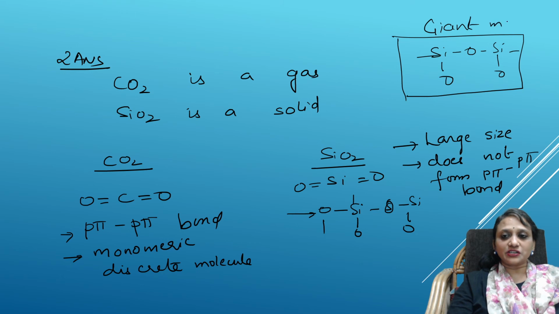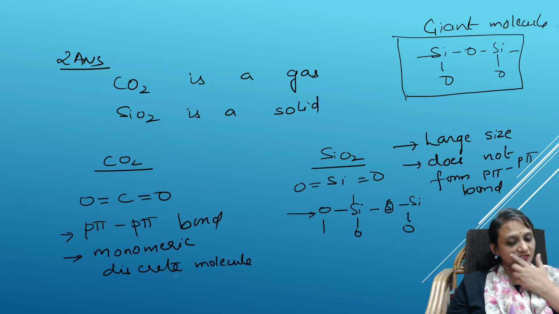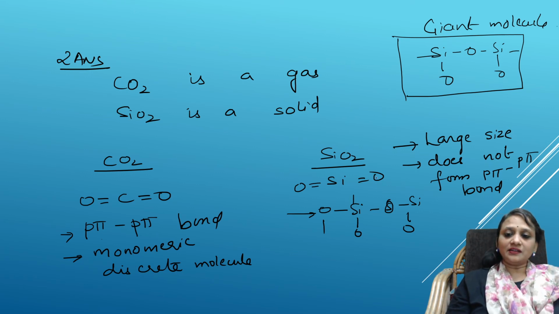Now slowly I'm taking you into the concept. It forms a giant molecule. Now what did I say? First I said p-pi bond, it's going to form monomeric discrete molecules. Then here I said it can't form p-pi bonding, that's why it forms a giant molecule, big molecule. Correct, my students? Now here once again we will write one more point.